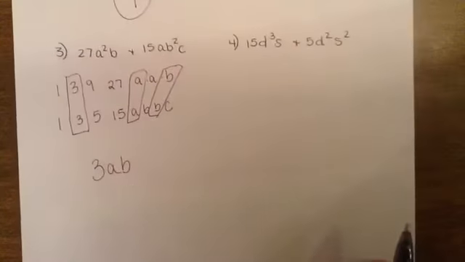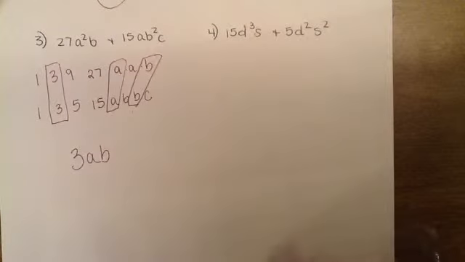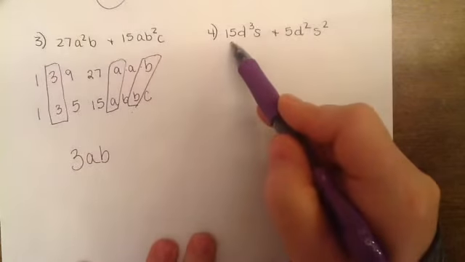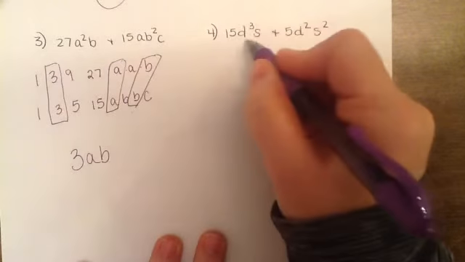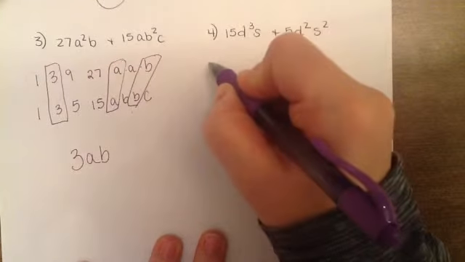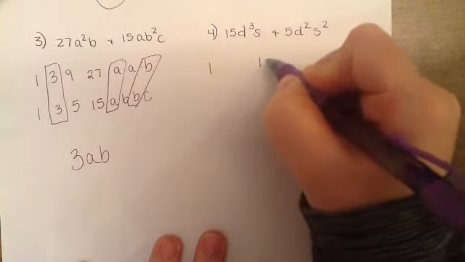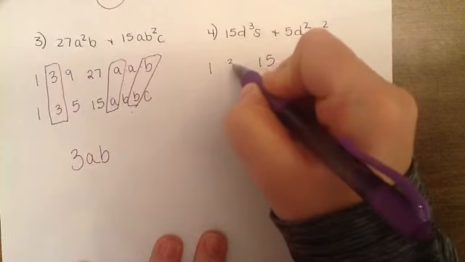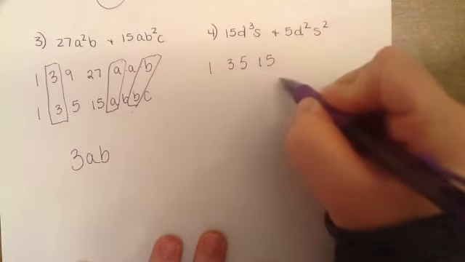Nice job. Try this next one on your own. Let's see how you did. When you started with 15d cubed s, list out the factors of 15. 1 and 15, 3 and 5.